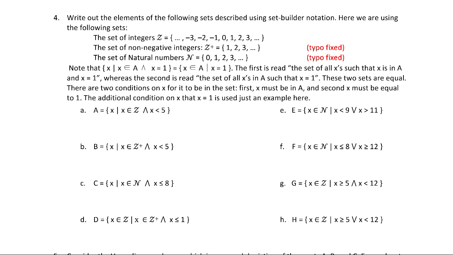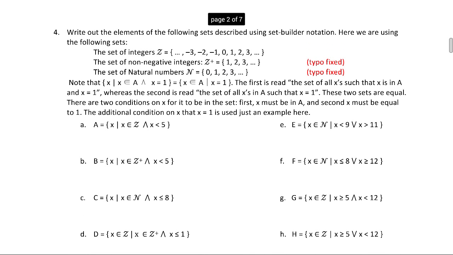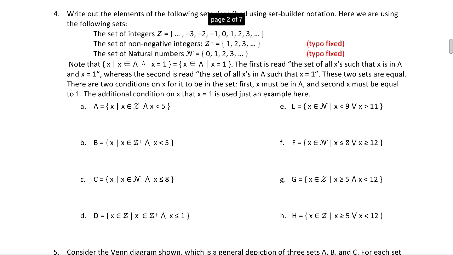Another way of saying exactly the same set, and that's why there's an equal sign here, is to say all those x's that are in A such that the other condition, here x equals 1. I would say that both of these are quite common ways of doing it. I would say probably that the second way is more common. But I've got some of each down below here. Okay.